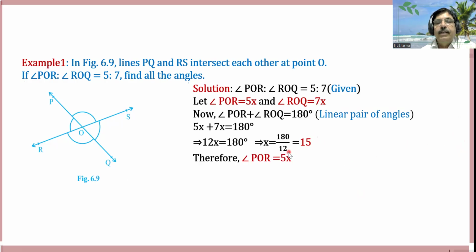In place of x, now write 15. So 5 into 15, that is 75 degrees. Angle POR, this angle is 75 degrees. And this angle ROQ is equal to, in the figure it is given, 7x.